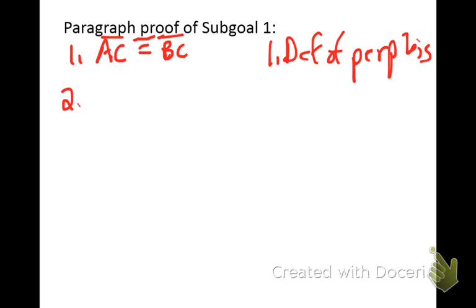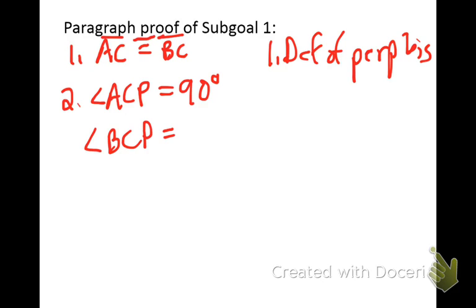Step 2, angle ACP equals 90 degrees and angle BCP equals 90 degrees. So by step 2, how do I know that those two angles are 90? Because I was given that it was a perpendicular bisector, so it's definition of perpendicular.